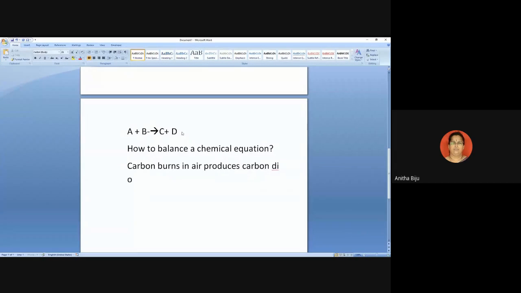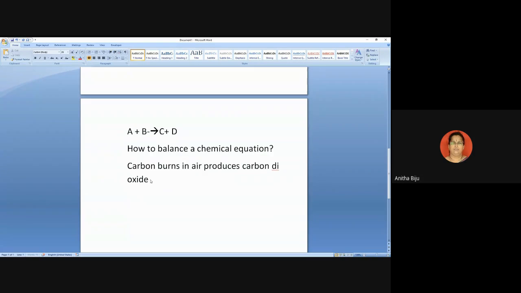C plus O2 gives CO2, carbon plus oxygen gives carbon dioxide. Suppose this is the statement. This is called the statement of a chemical reaction: carbon burns in air, produces carbon dioxide.